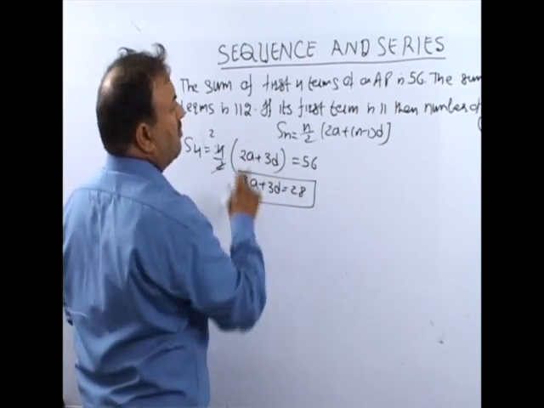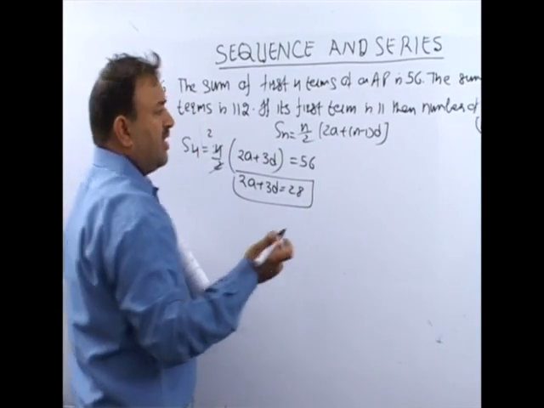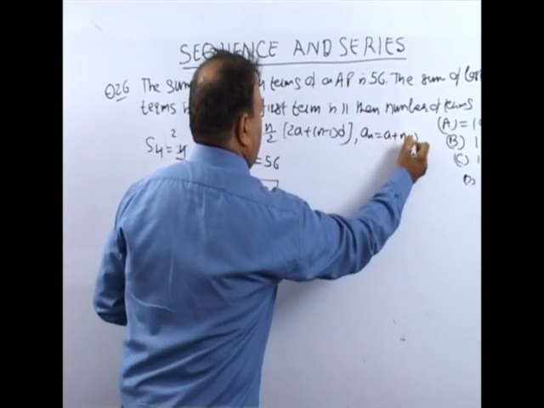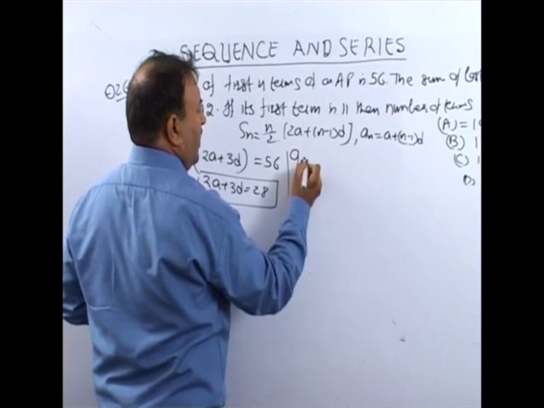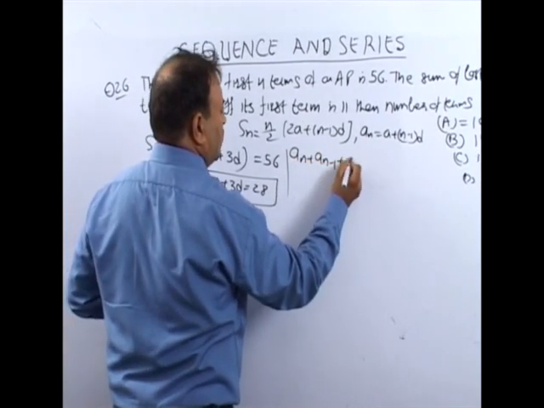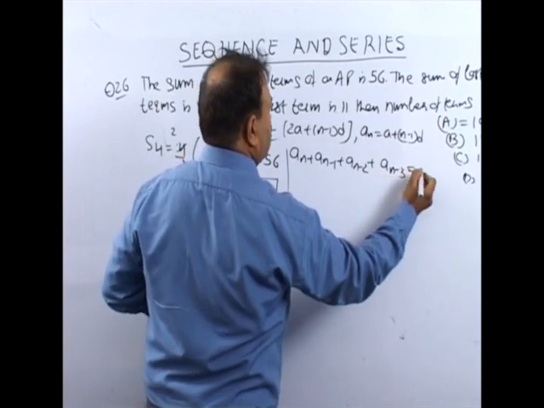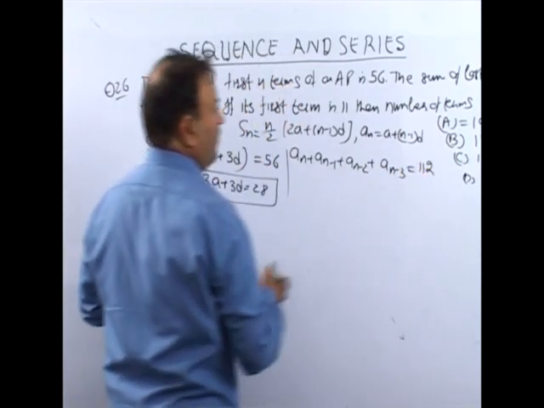Now the sum of the last four terms. I take the nth term as a plus (n minus 1)d. That means I write the nth term plus a(n minus 1), a(n minus 2), a(n minus 3). The sum of these last four terms comes out to be 112.